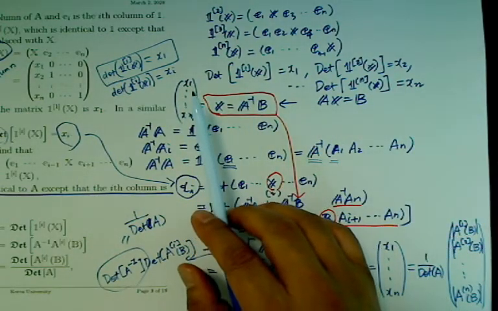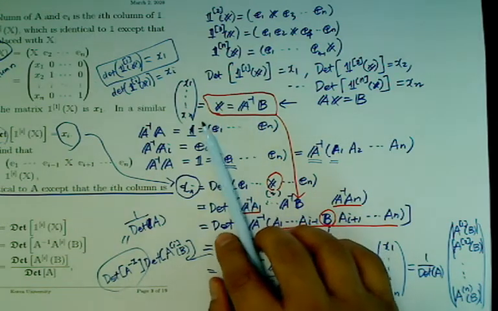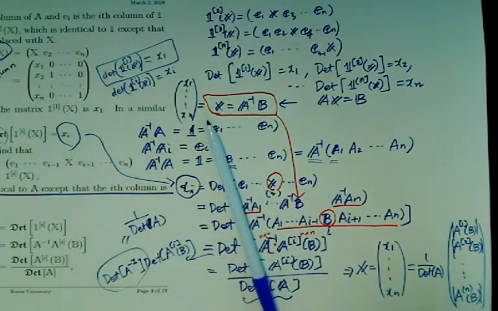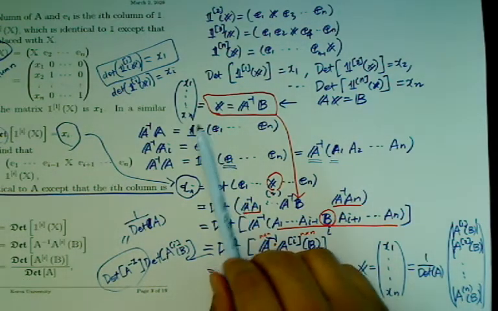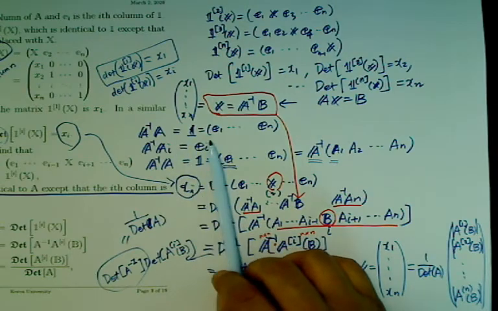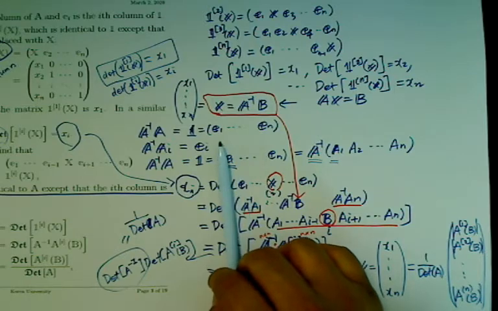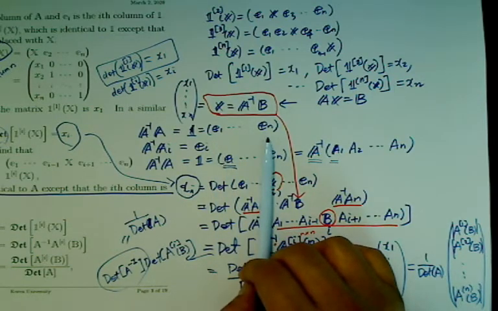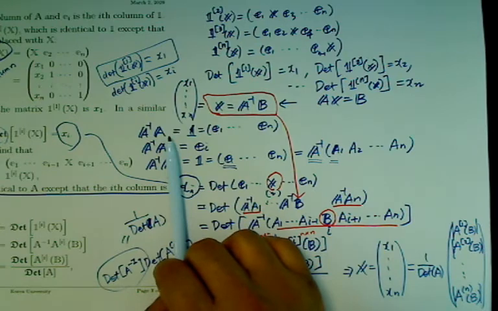Now we have A inverse A is identity, which is the list of unit column vectors. What happens to the ith column of this matrix?